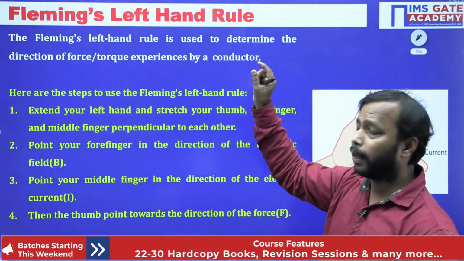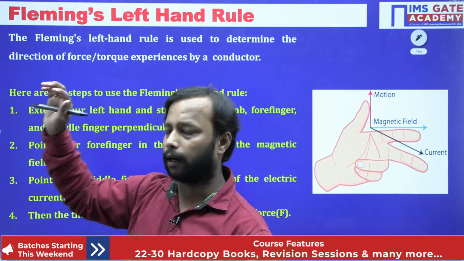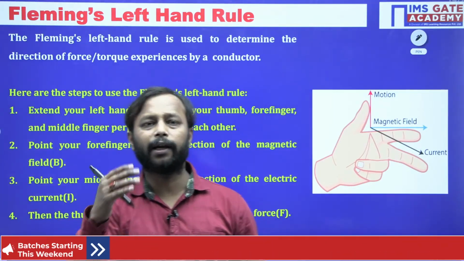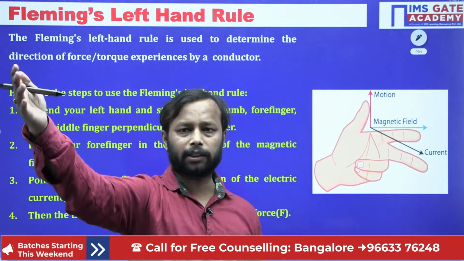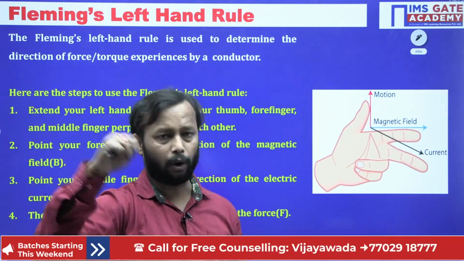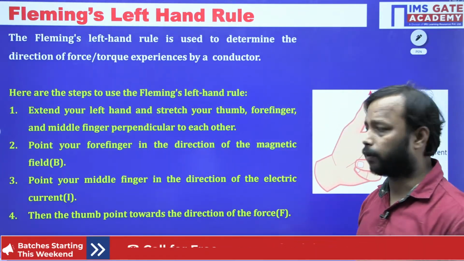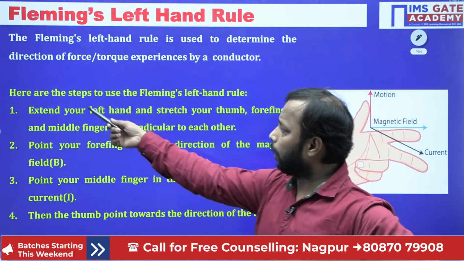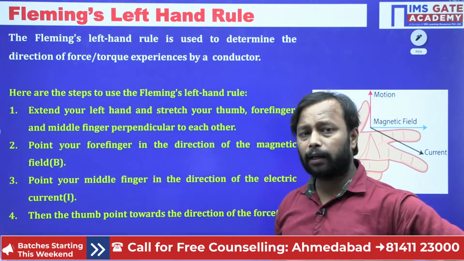So my dear friend, E equal to V cross B, and here F equal to I dL cross B. I am going to derive this in the next lecture, lecture number 5, which is tomorrow. But as of now, let us understand how we use the left hand rule. Here we need to use these 4 steps. The first step is to extend the left hand.